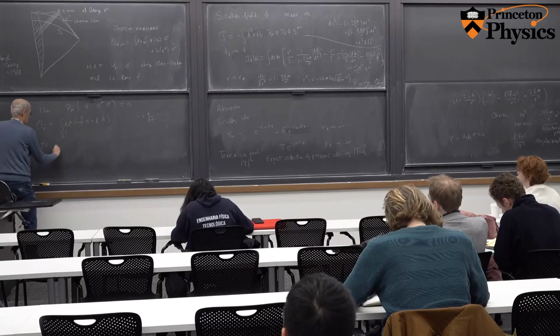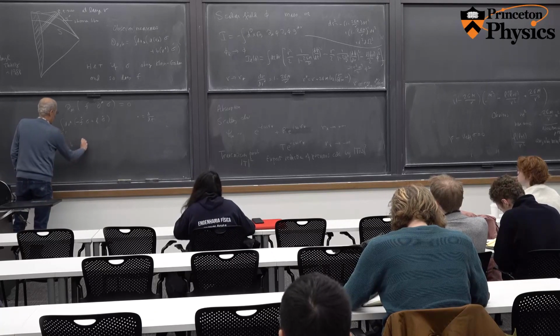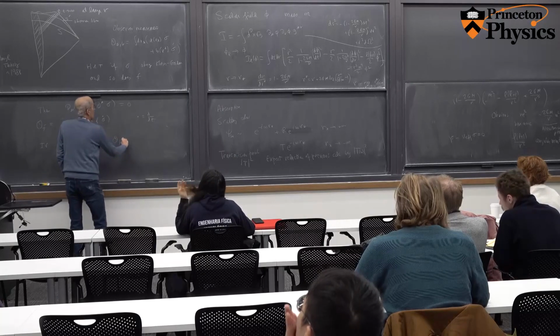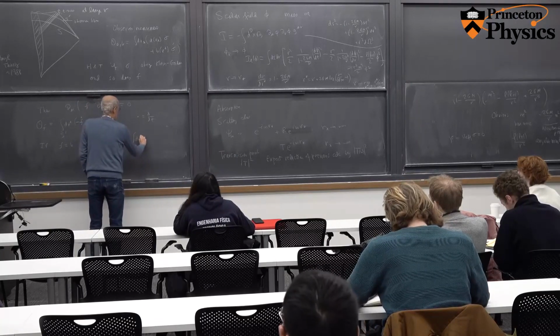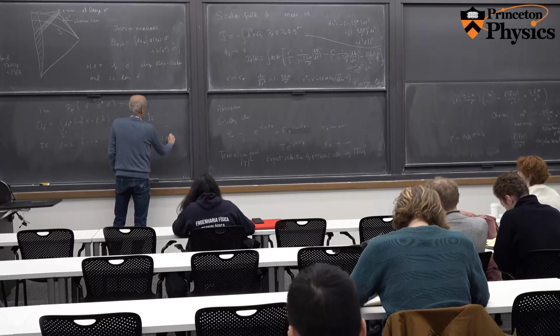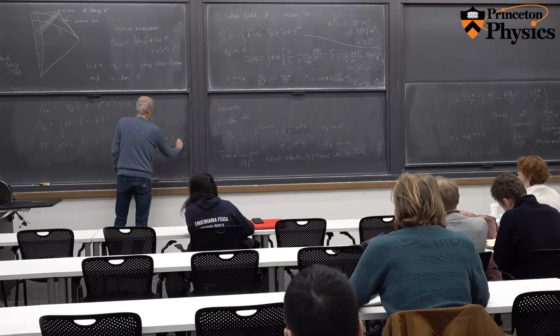So if f is b and f dot is minus a, then O_f is equal to the integral dr star of a of r star sigma plus b of r star sigma dot.